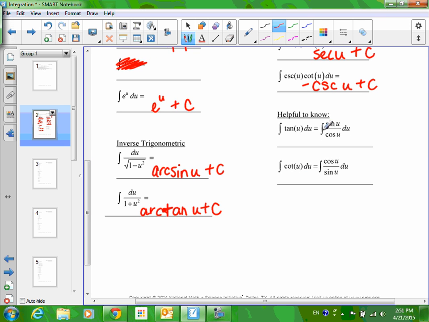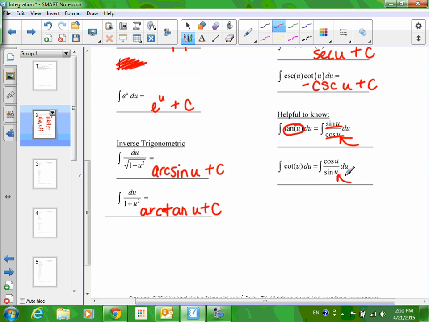For these two, this does equal something, but I don't hesitate to even give you any more rules. When you are trying to integrate tan and you're thinking none of the six trig derivatives equal just tan, split it up into sine and cosine and then do a u substitution, letting u be the denominator.